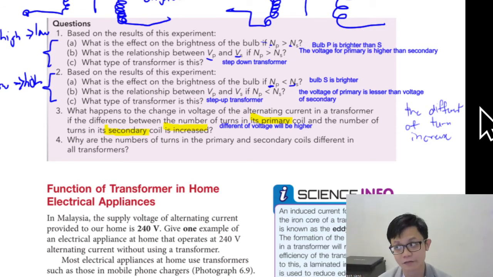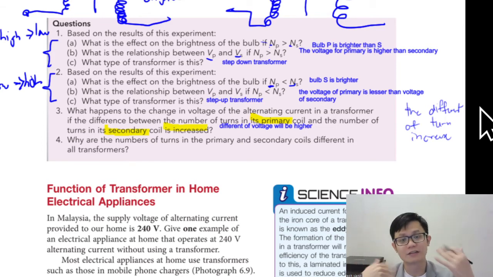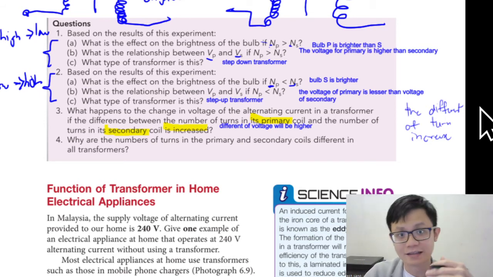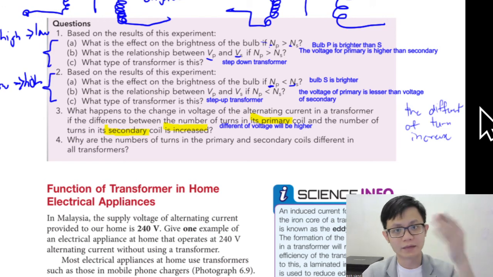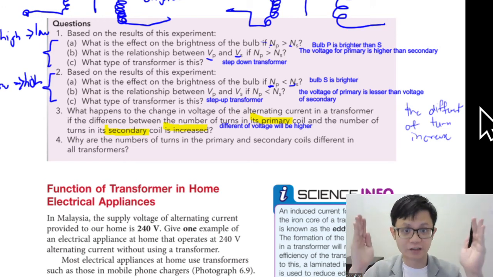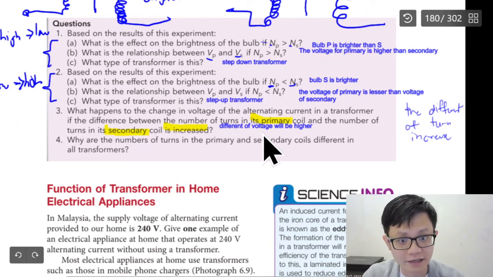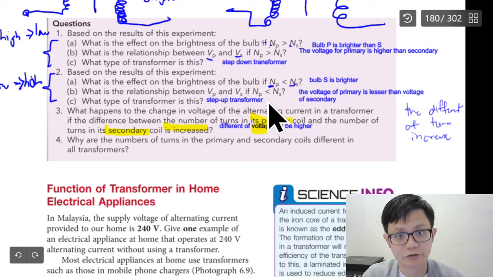If here is 80 and this is 40, the difference is 80 minus 40, I get 40. So that is the difference. If they increase the difference, more becomes less or less becomes more, I don't know. But we know the difference is increased. We know that the difference in voltage also increases.